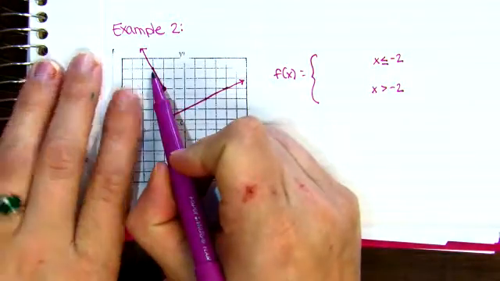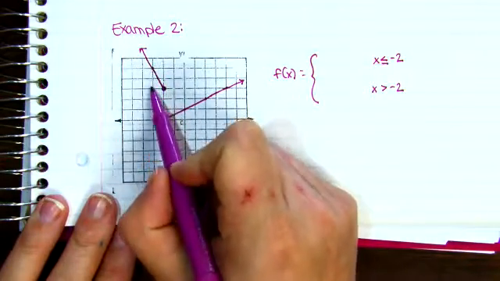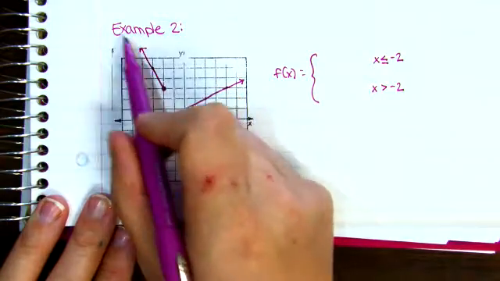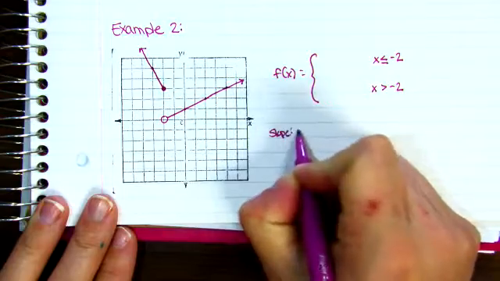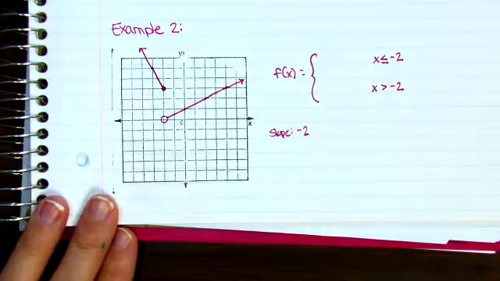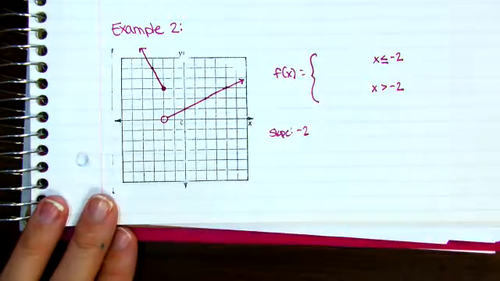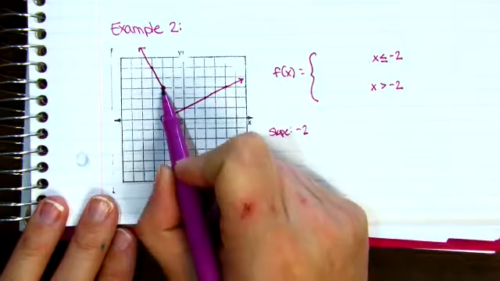So if I look at this one, this top part, I see that I have a slope. I'm going down 2 over 1, and I can assume it's going to do the same thing as I go backwards. So my slope for the first equation is -2. But I see that my y-intercept is not graphed. So what I can do is I can either use this point, which is -2, 3.